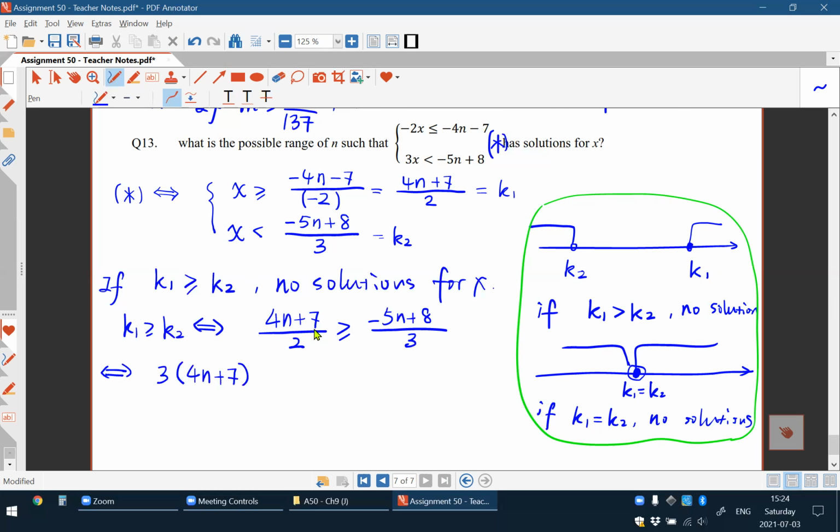Okay, 6 is positive, so we don't change the direction of the inequality symbol here. Times 2 times minus 5n plus 8, right? And this is equivalent to 12n plus 21, greater than or equal to minus 10n plus 16. Am I correct?